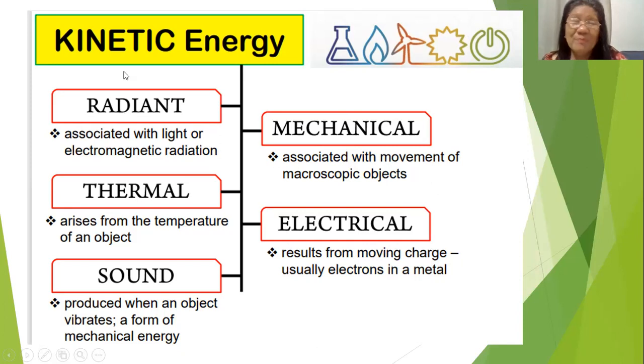All of those associated with electromagnetic radiation are under radiant energy. Of course, the sun's way of giving off its energy is in the form of radiant.